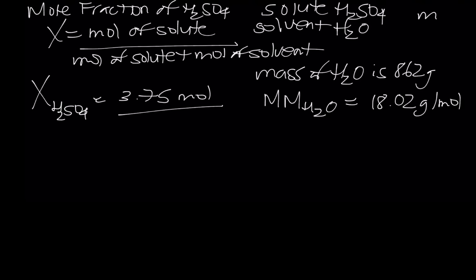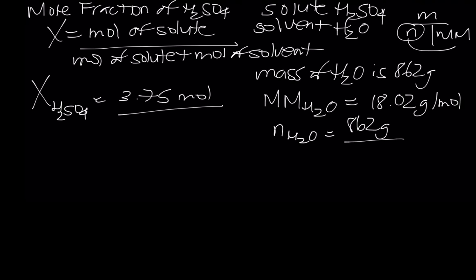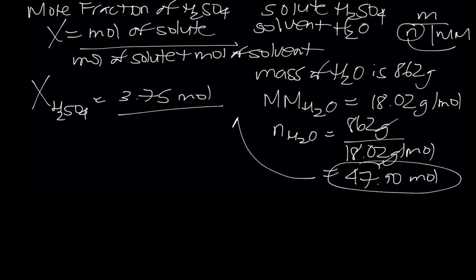So by using this technique, where the mass divided by the molar mass is equal to the number of moles, the moles of water is equal to the mass, which is 862 grams, divided by the molar mass, which is 18.02 grams per mole, where the grams will cancel out to give us a value of 47.90 moles.